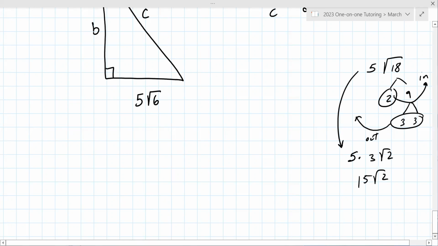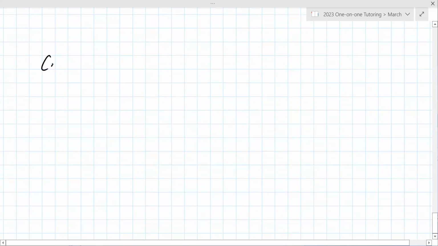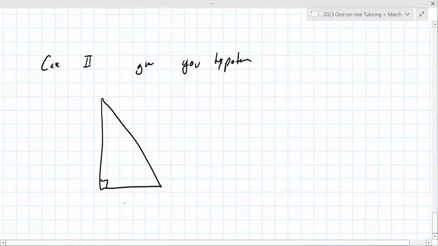Okay, all right. So the other type of problem, case 2, is that I give you the hypotenuse. So again, with that reference triangle here, x, 2x, x root 3.